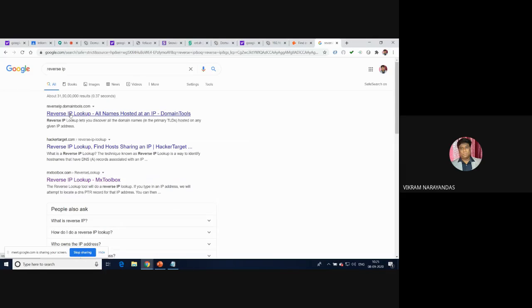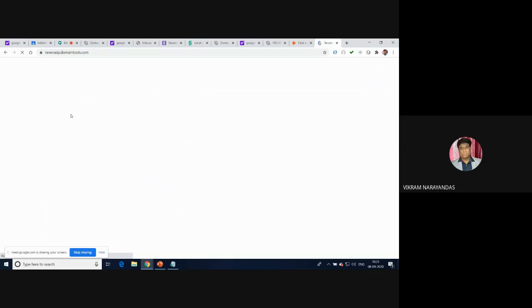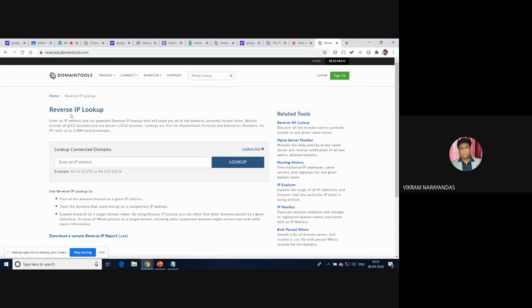So reverse IP, domaintools.com. Enter any IP address here. It will tell you what other websites are hosted on the same server. It is called a reverse IP lookup.